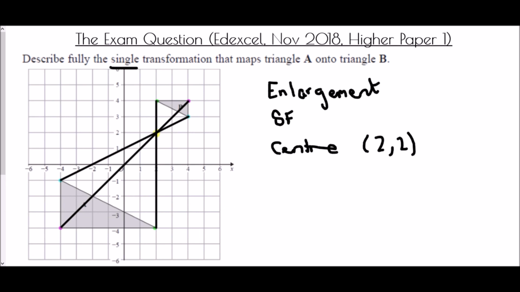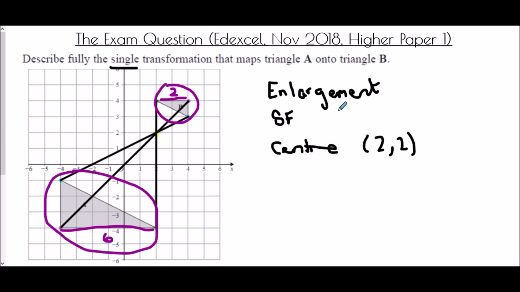Well, if we find a corresponding side, well, the bottom of the top of this triangle is 2, and that matches with the bottom of this triangle, which is 6. Now, it's mapping A onto B, and so the scale factor comes from the image divided by the object, and so that is going to be 2 divided by 6, and 2 divided by 6 is quite clearly a third.